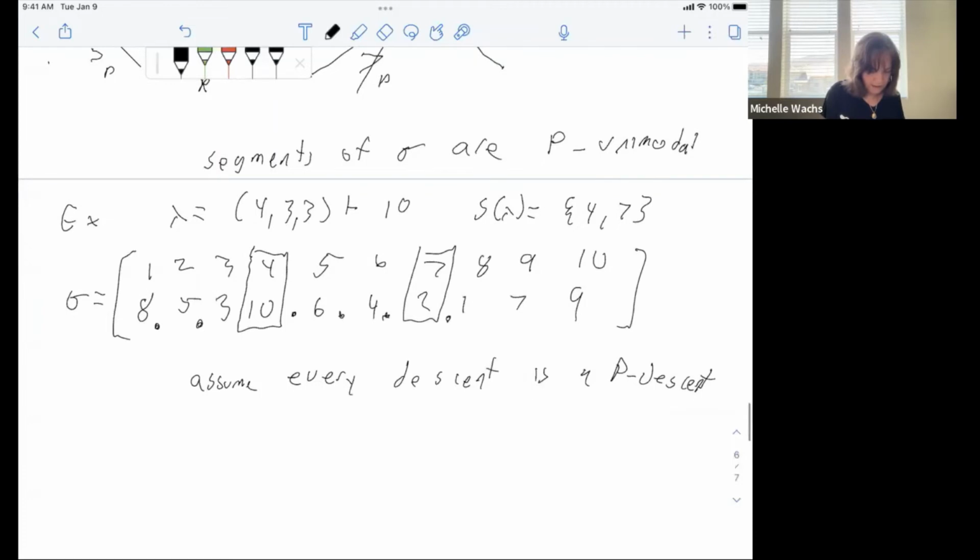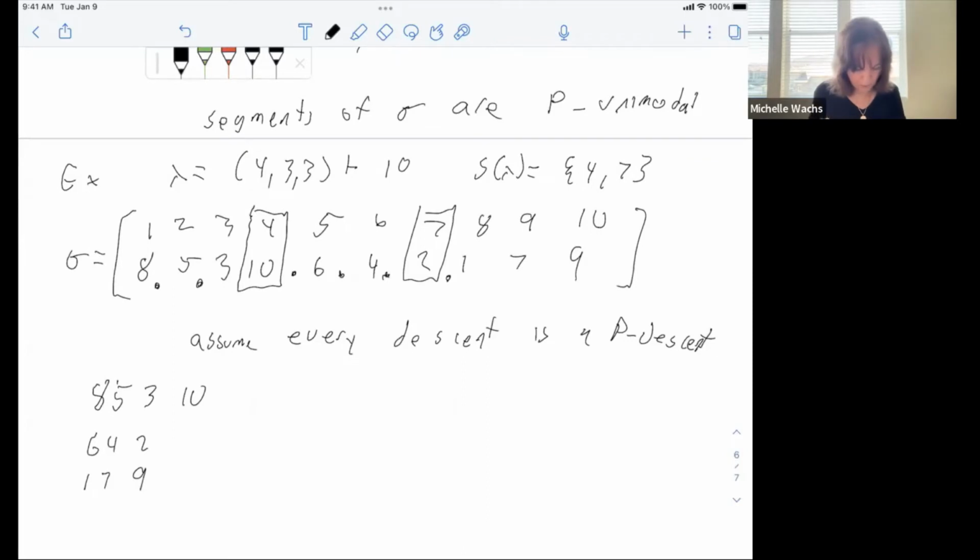So if I write this permutation as a tableau, the first segment, including the element of S corresponding to S lambda, so 8, 5, 3, 10, then 6, 4, 2, and then 1, 7, 9. So I wrote it as a tableau.